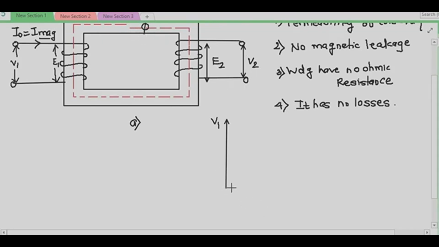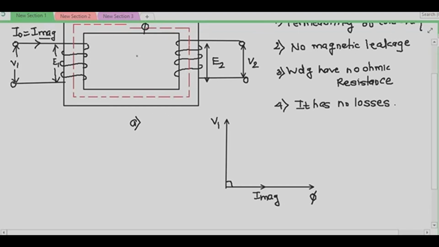As the primary winding has no ohmic resistance, that current will lag the voltage by 90 degrees, and this current is responsible for producing the flux. That flux is in time phase with the magnetizing current, because if there is no magnetizing current, there would be no flux.